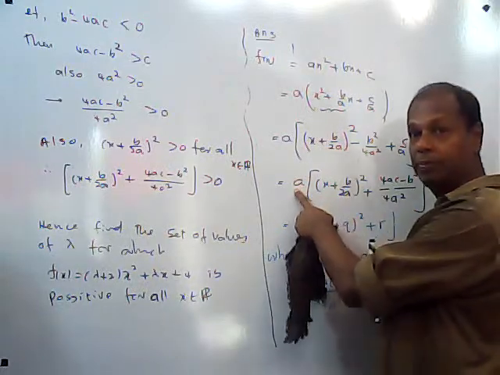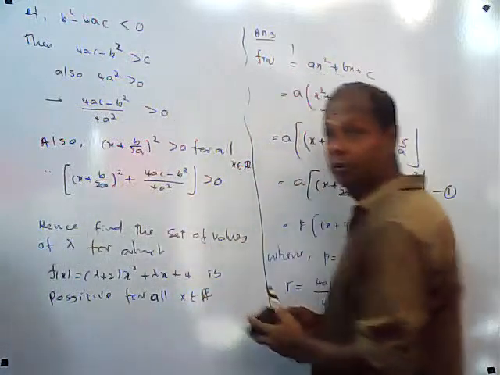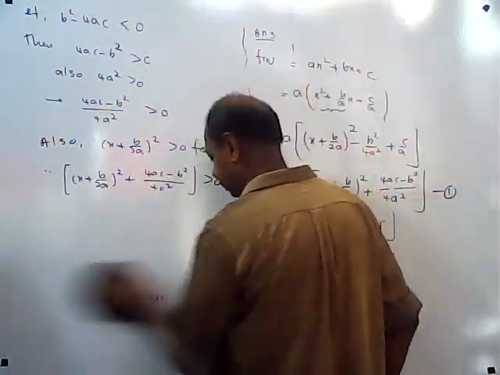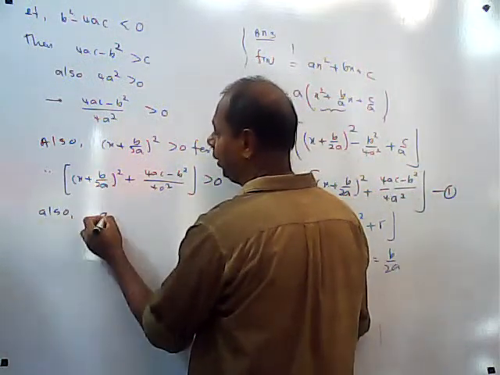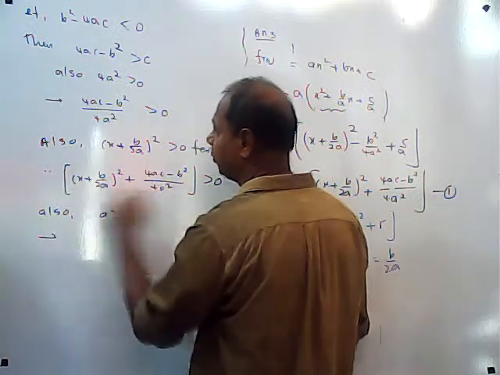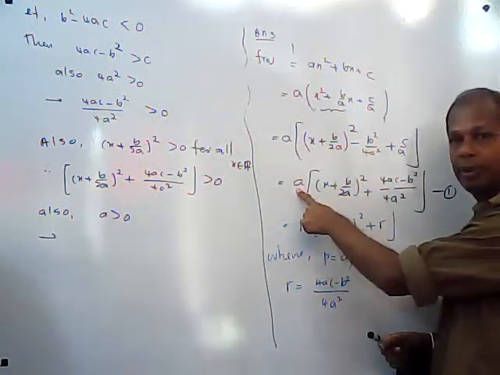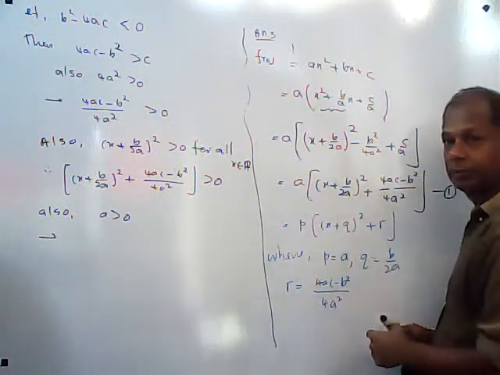Further, you are multiplying by a. Given a is positive, a is greater than 0. When you multiply this whole thing by a, then what happens to the whole thing?